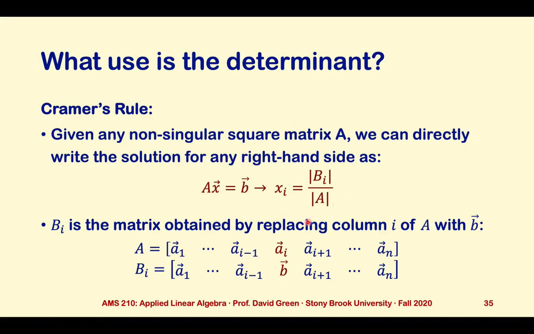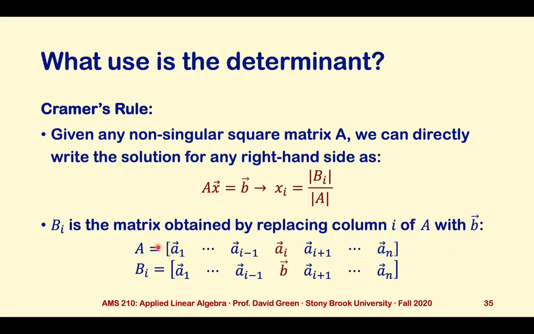Each entry xi in the solution is a ratio of 2 determinants: the determinant of a matrix we will call Bi, and the determinant of the original matrix A, where Bi is an interesting matrix. It is the matrix that we get by replacing column i of A with the right-hand side.